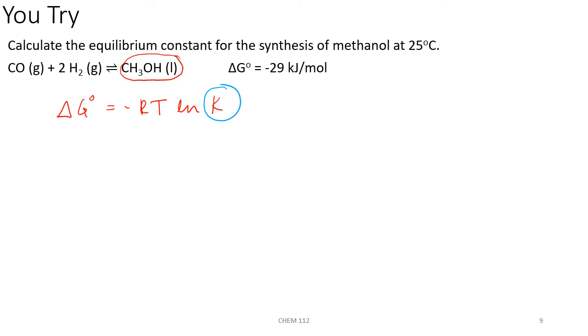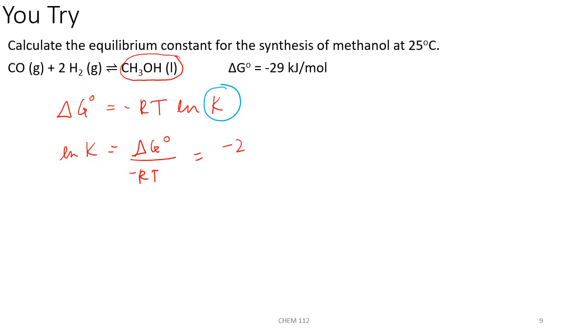So we could rearrange and say that ln of K is equal to delta G naught divided by negative R times T. So first let's solve for what ln of K is equal to by substituting our values in.